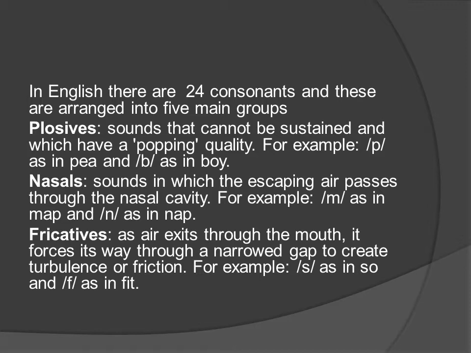The third group is called fricatives. As air exits through the mouth, it forces its way through a narrow gap to create turbulence or friction. For example, s as in so, and f as in fit.